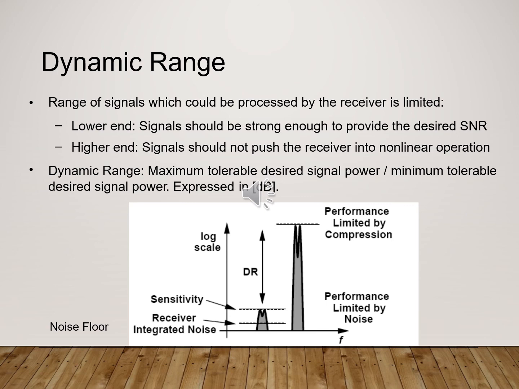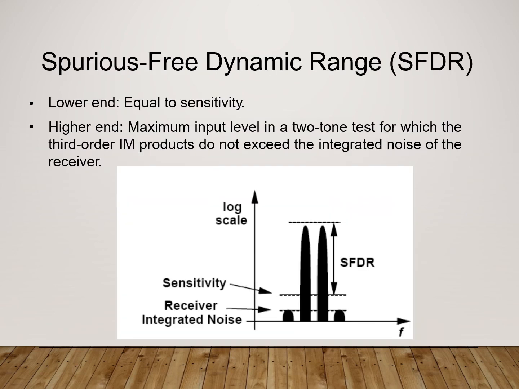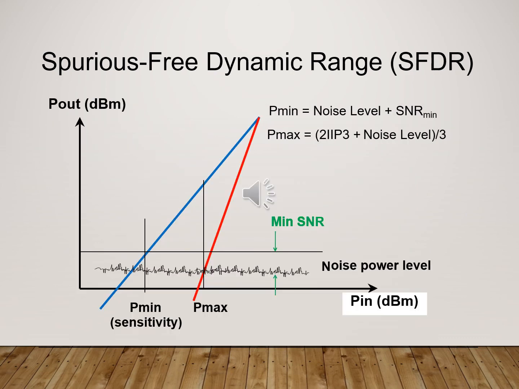As you can see in the figures, we have our sensitivity, and this is what we call the lower end. The receiver integrates noise as well, and we have what we call the dynamic range. It is the maximum higher end minus the lower end. Also, we have what we call the spurious-free dynamic range, SFDR, for our receiver.